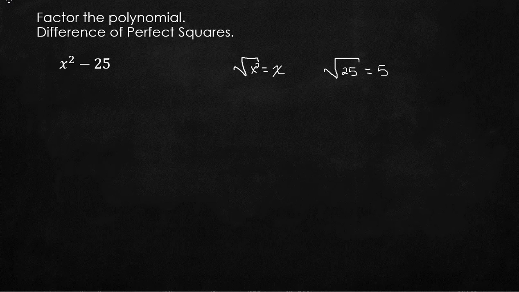So to factor this, you take the square root of your first term, take the square root of the second term, which we've already determined is 5, and the signs have to be different. So that's factoring a difference of perfect squares.